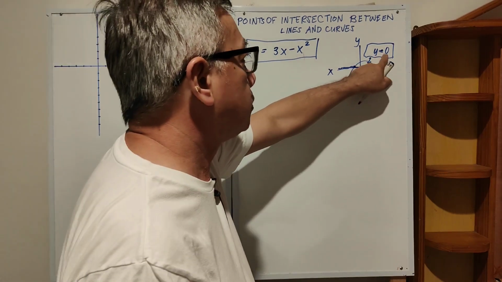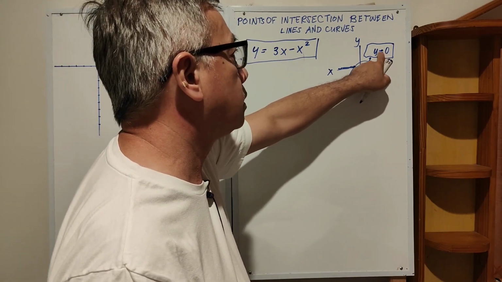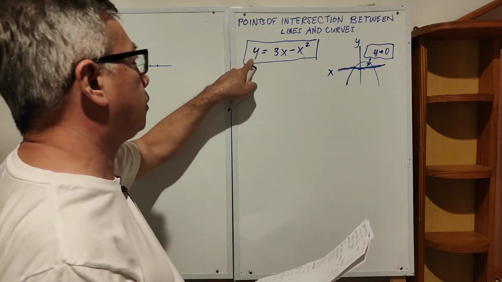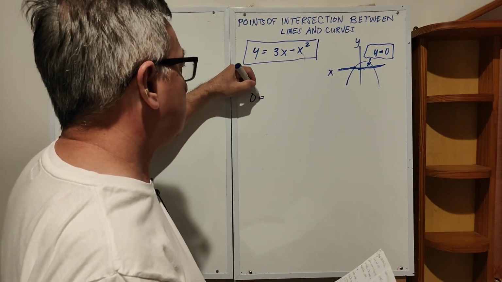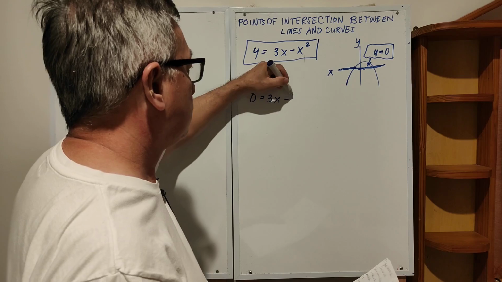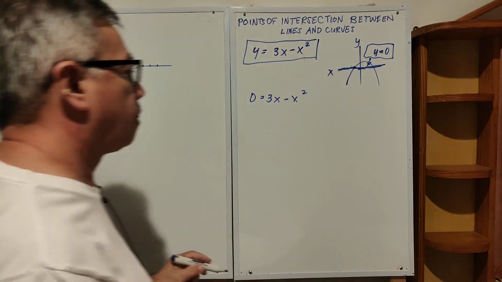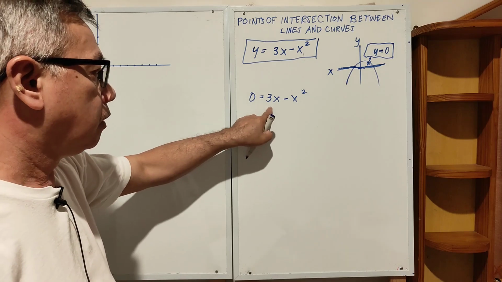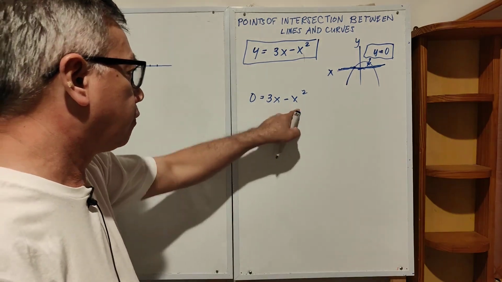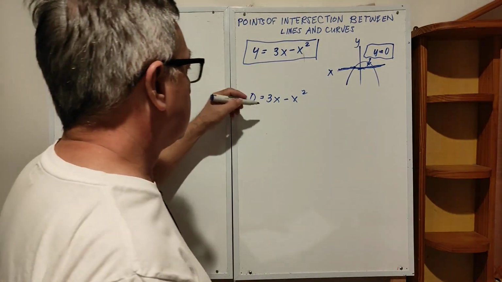So if y is equal to 0, you just substitute y is equal to 0 into this equation. So this will become 0 is equal to 3x minus x squared. The best way is to use factoring. We can factor out x.